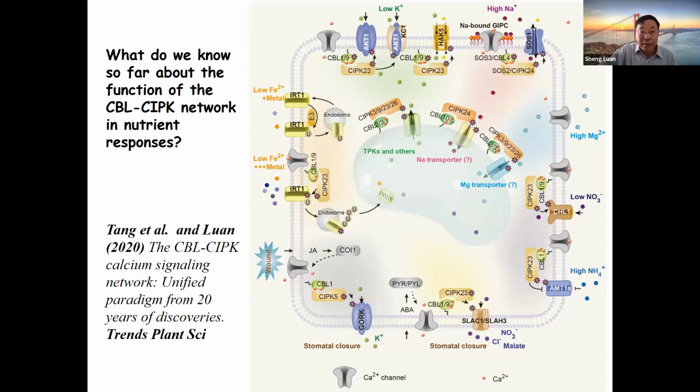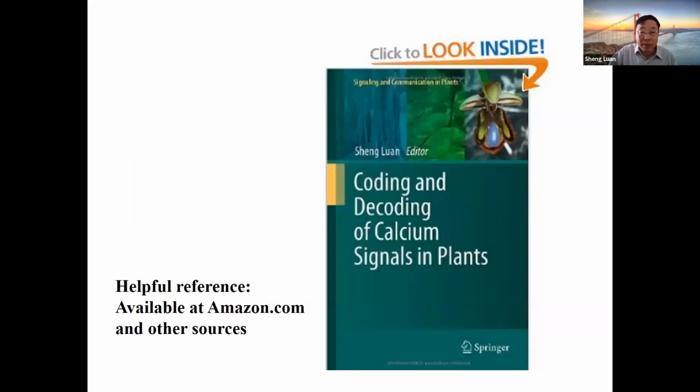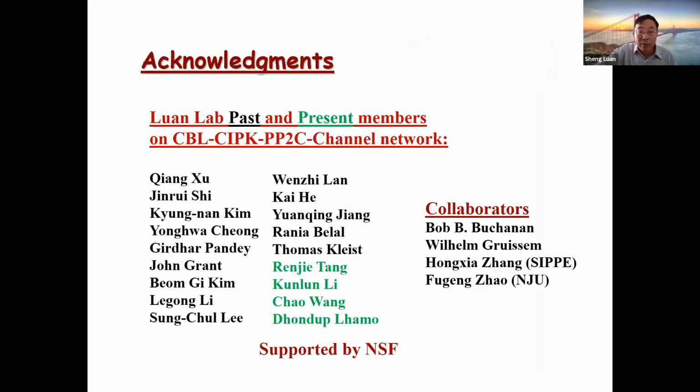Okay, so with that, here's a book talking about coding and decoding of calcium signals in plants, where your own faculty, Simon Gilroy, also contributed a chapter. I want to thank the people through the years who worked on this calcium-dependent CBL-CIPK PP2C channel network.